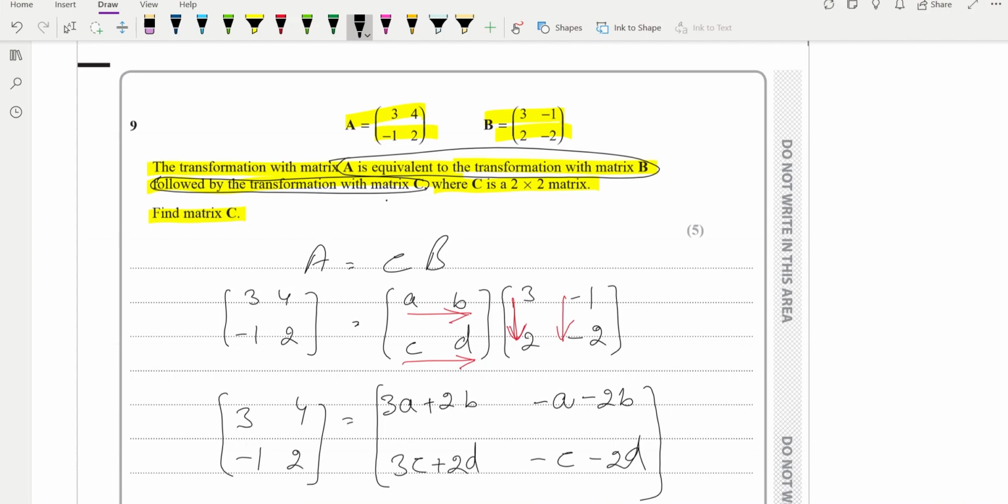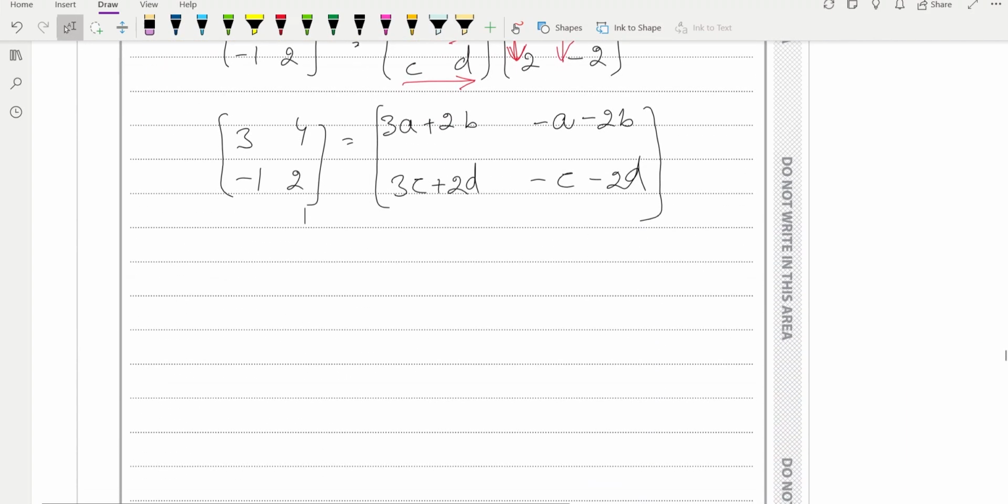Now we can equate the equations and solve. So 3a plus 2b is equal to 3, and the other term, minus a minus 2b is equal to 4.